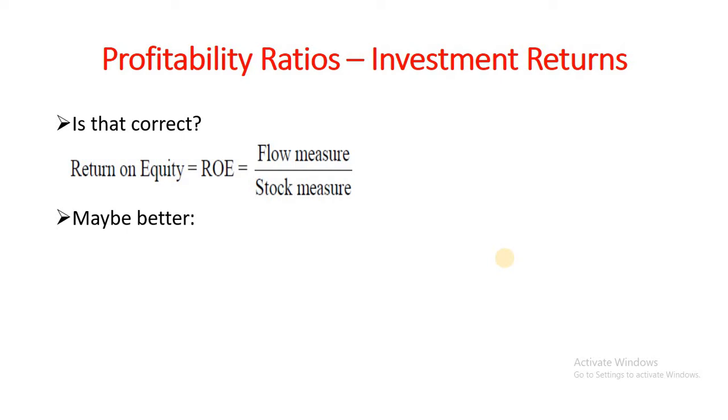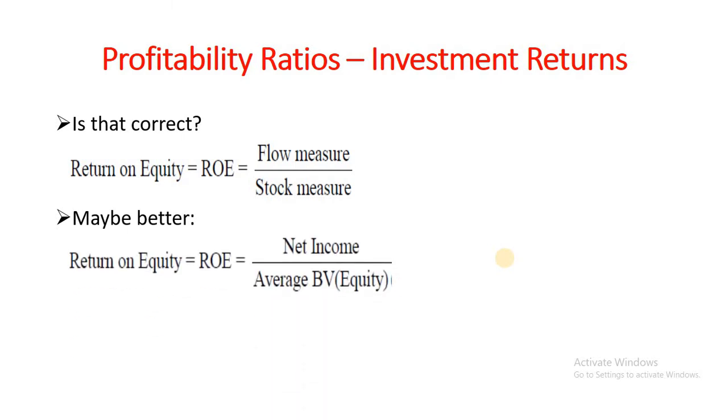So it is better to use average book value of equity. Over here it is better to use return on equity as net income divided by average book value of the equity, or simply BV of the equity.